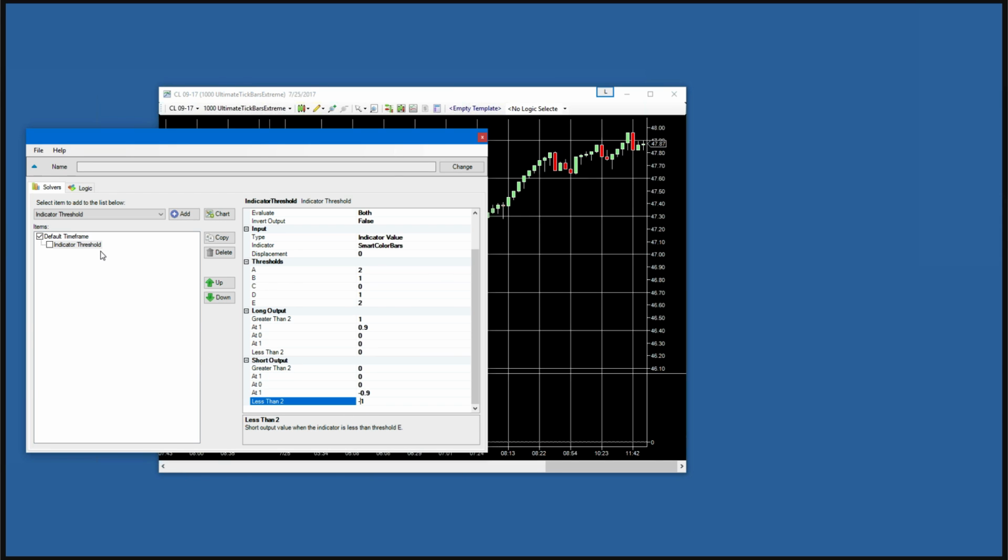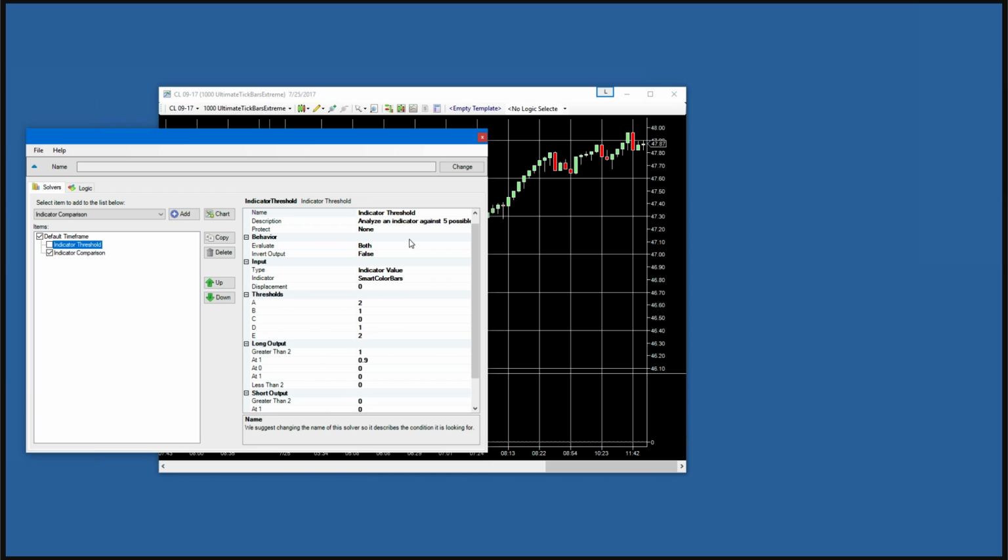The other one that I want to do, and this is kind of cool, is an indicator comparison. I'm going to name that just for good measure. This one is smart color bars, and this one is going to be the inside bar filter.